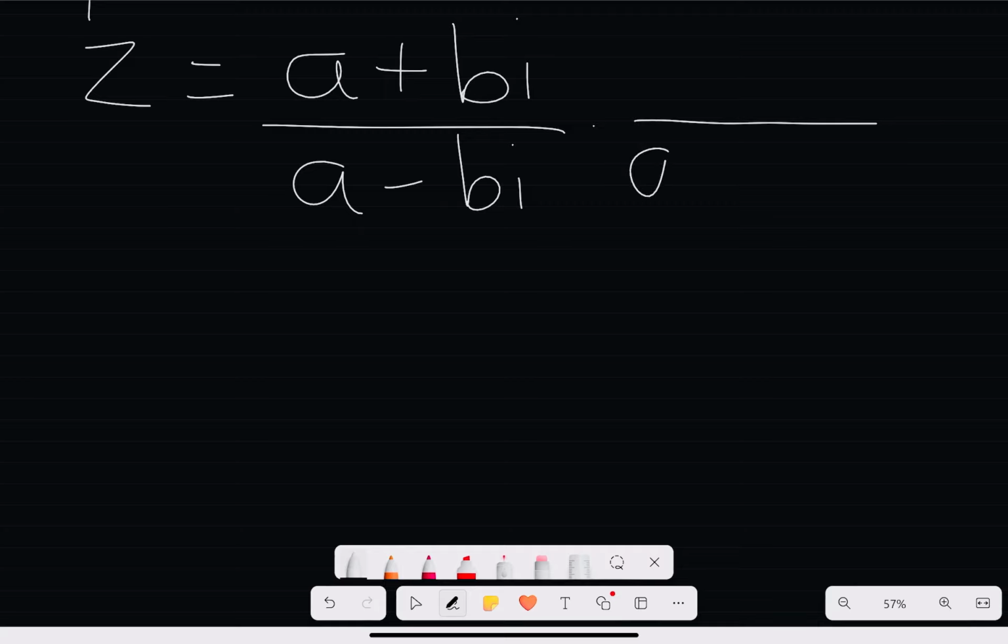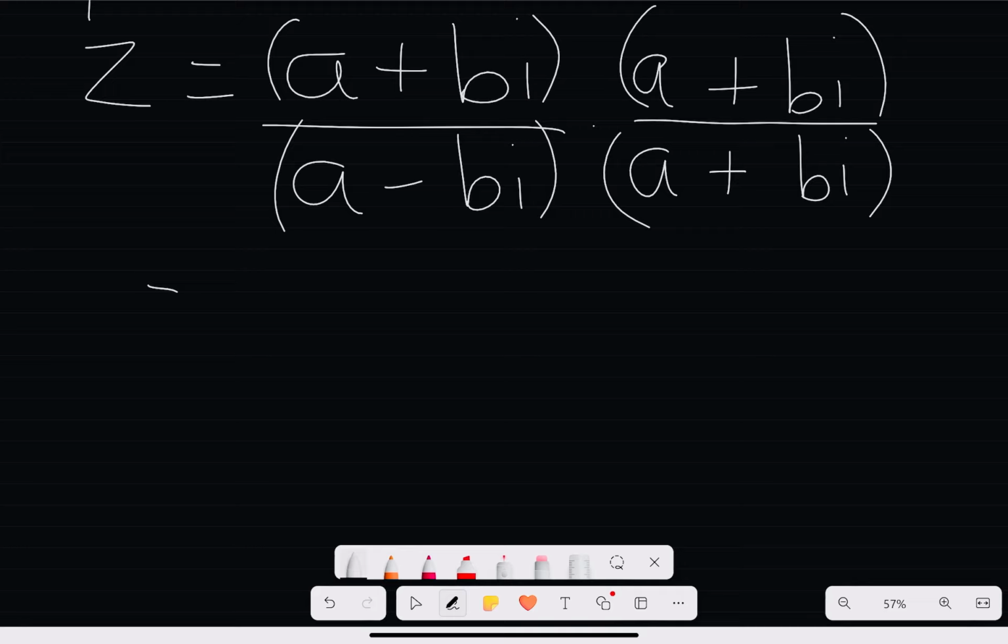So the conjugate is a, and then you write bi. The only thing that changes is the sign. So this was a minus, now here you have a plus. And you do the same on top, so that it's like we're multiplying by 1 basically. You don't change the meaning of the equation. And then put everything into the brackets.